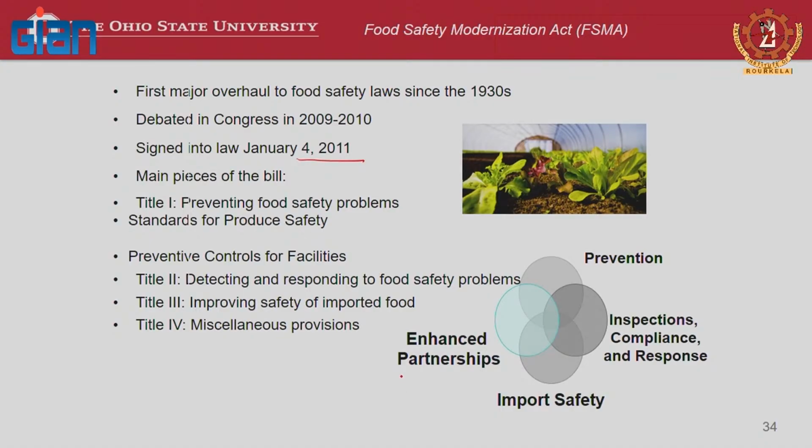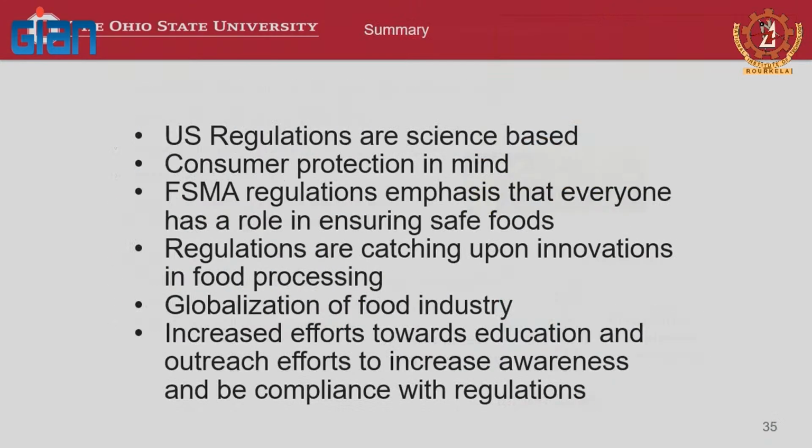They want to put more ownership of food safety on the processor, while the FDA provides more guidance, and they also put more emphasis on prevention. So, in summary, the US regulations are very complex, but they started with consumer protection in mind, and FSMA, the most recent FDA regulation, suggests that everyone has a role in ensuring safe food.